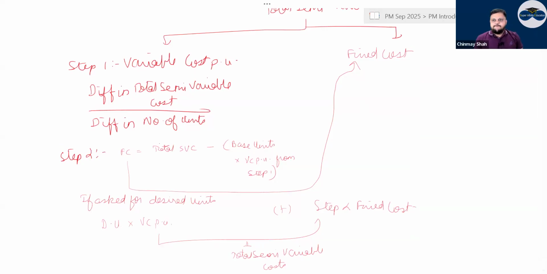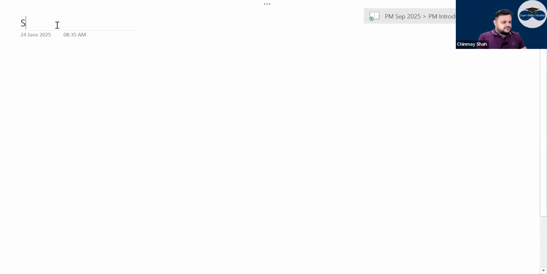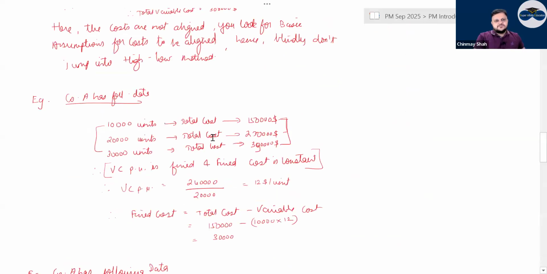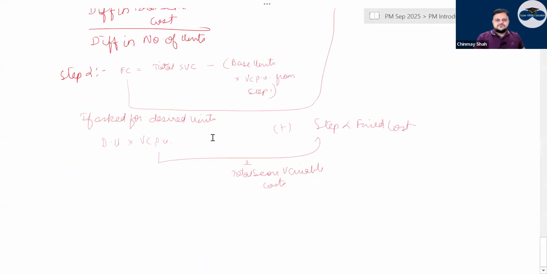Yes, sir. Write down step fixed cost. This is an advanced question. Give heading step fixed cost. Wait a minute, we did both the questions, right? One advanced question of this is also done. High low method we did, and we did both. Okay, for the advanced question this is the table.